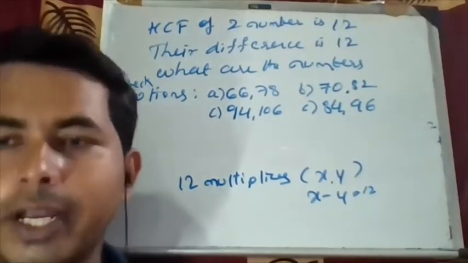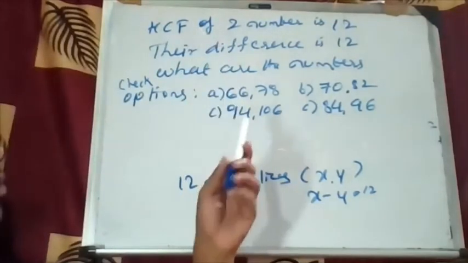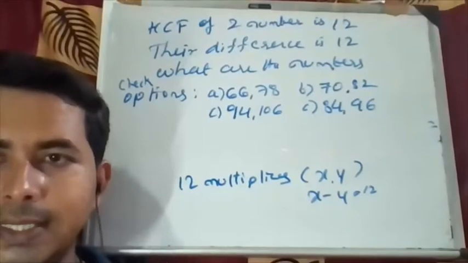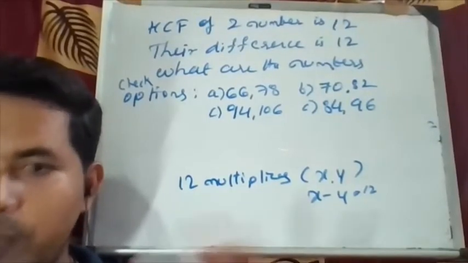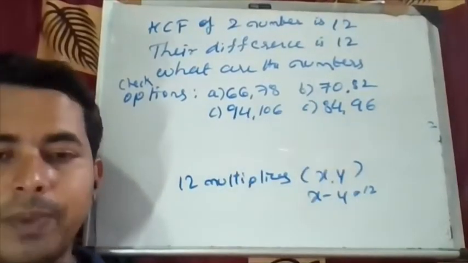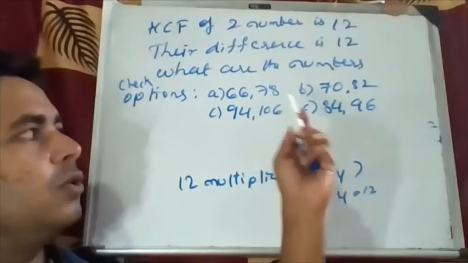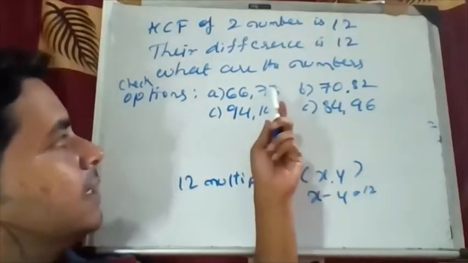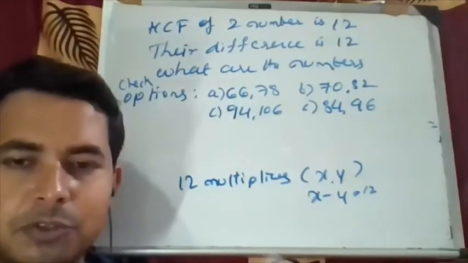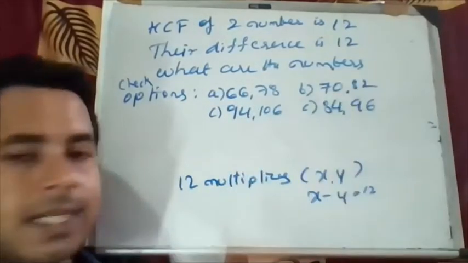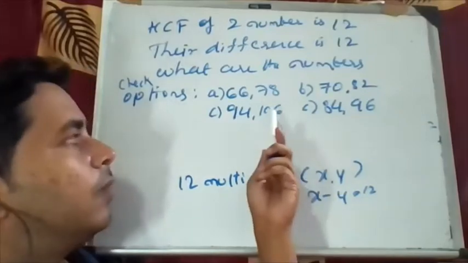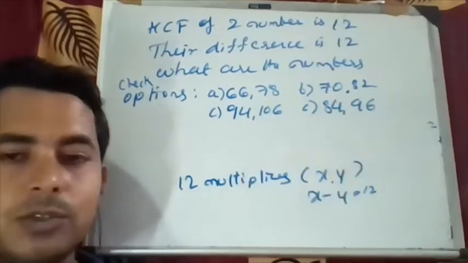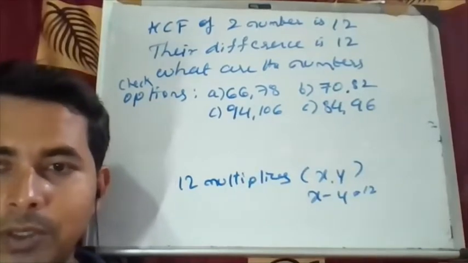What condition? Their HCF should be 12 and their difference should be 12. ऐसे देखें तो सबका difference 12 ही आता है. Like 78 minus 66, 12. 82 minus 70, 12. 106 minus 94, 12. 96 minus 84, 12.